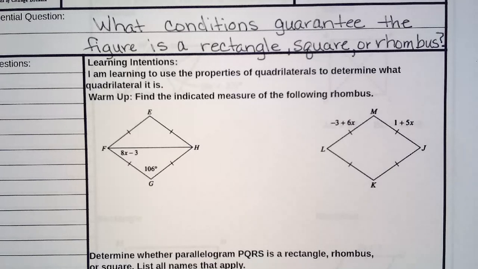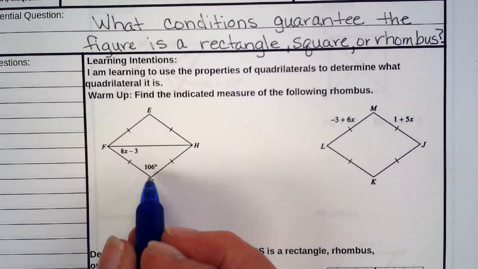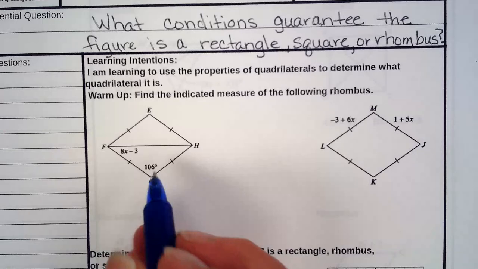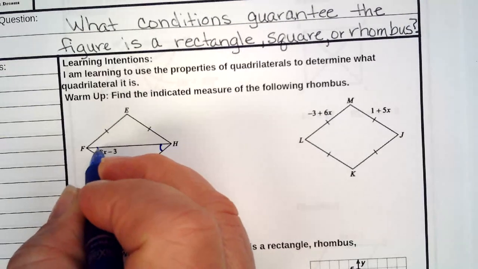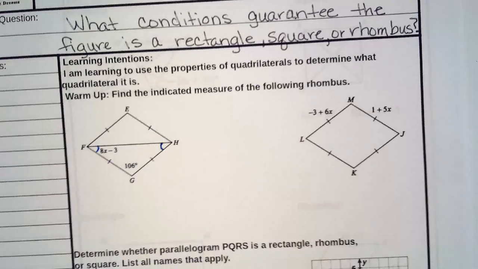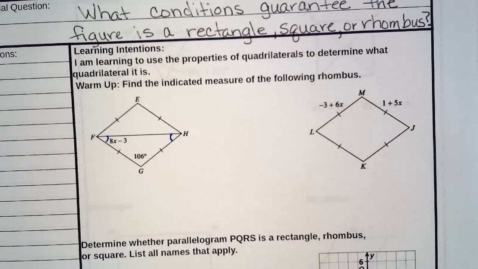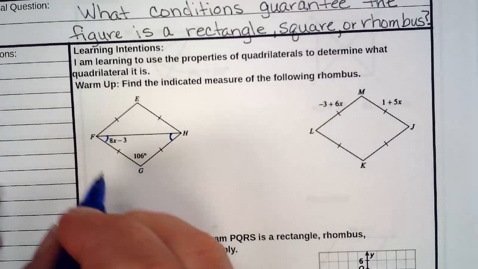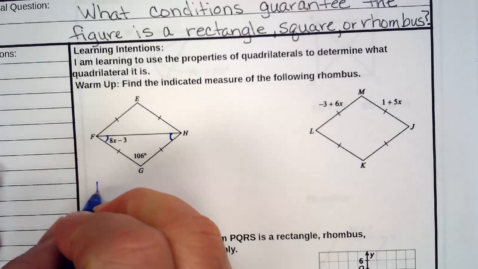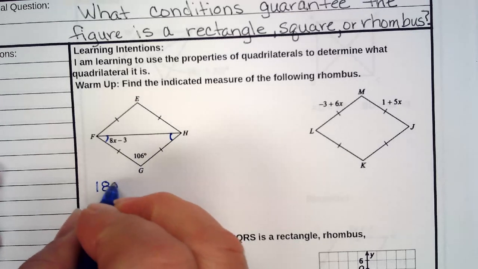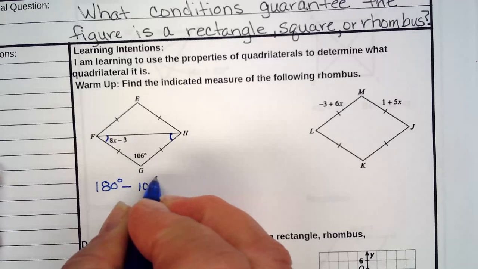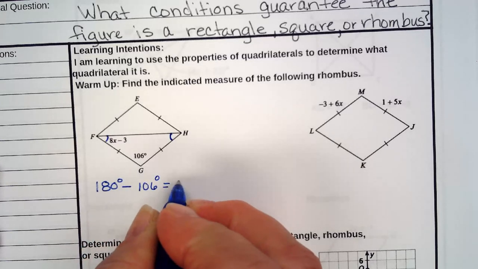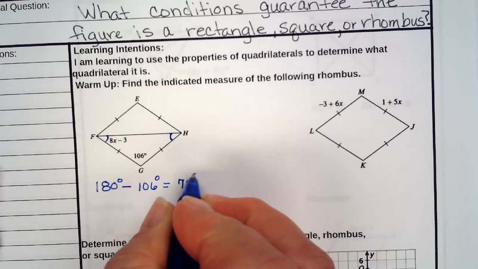Well, I do hope that you tried. So if we're looking at this, if this angle is 106, we know that these two angles are congruent. So we've got 180 degrees minus 106 degrees, and that leaves us with 74 degrees.